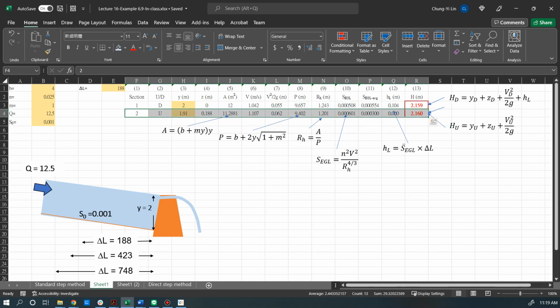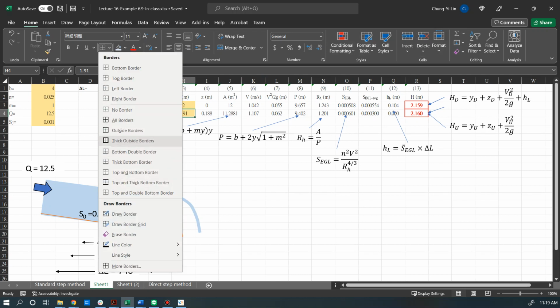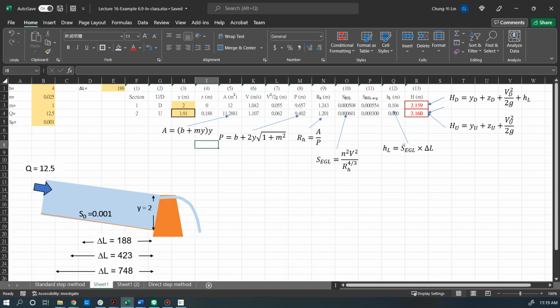Then we want to solve this section. The information we know is delta L, and we try to solve the water depth at this location. Here is the term we try to solve. We can calculate z at this point because we know the slope and the distance.